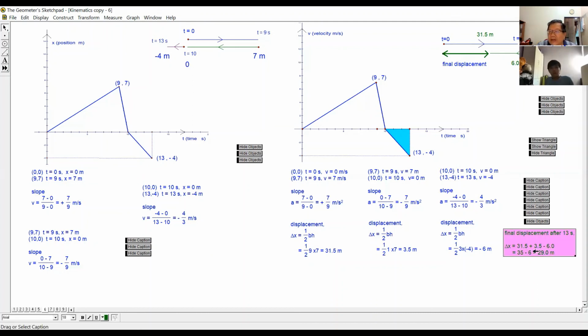So the final displacement after 13 seconds is 31.5 plus 3.5 minus 6. Why minus 6? Because they turn back 6 meters. When they turn back 6 meters, the difference between your final position and the starting point is shorter. You don't add the 6 meters to the end; you subtract the 6 meters of turning back. So the final displacement here is actually 29 meters.